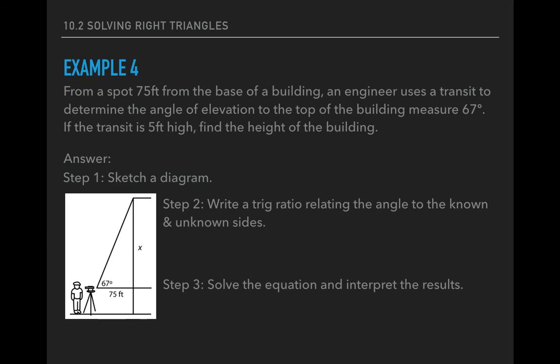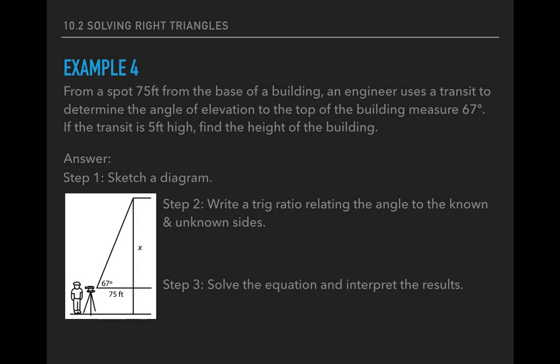To the top of the building is a 67-degree angle of inclination. And what we're trying to find is the height of your building. Now you see that 75 feet, that's supposed to represent how far away the transit is from your building. That's why it's scooted away from your building.